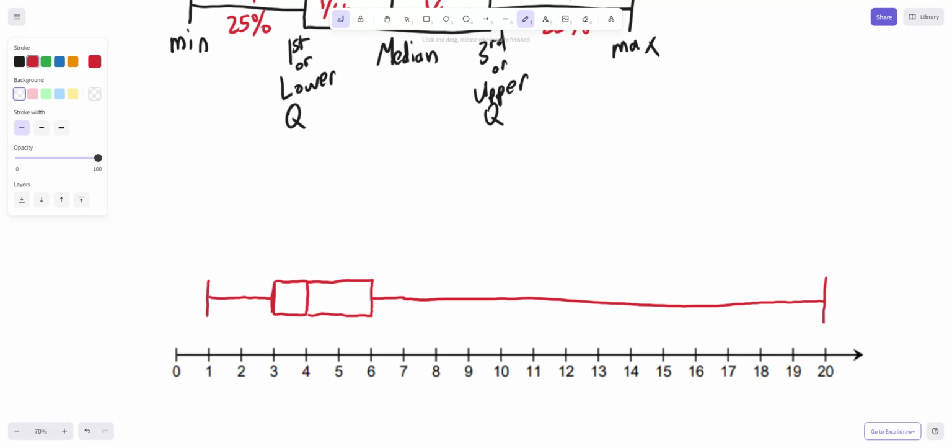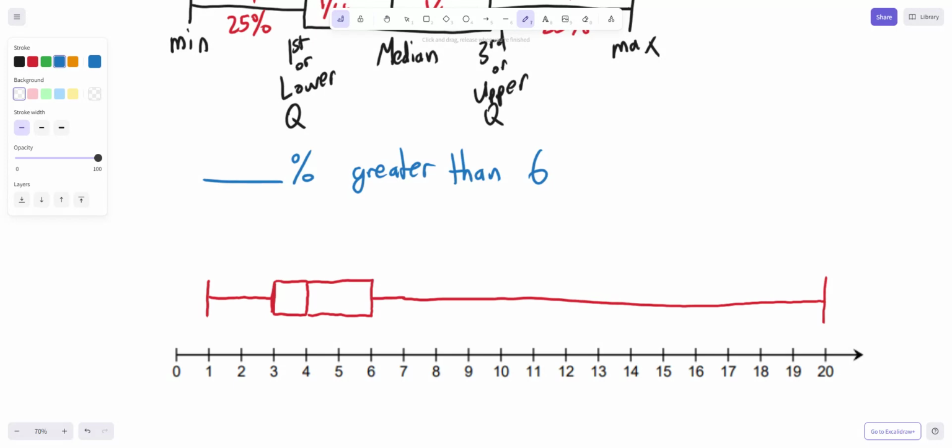Okay. So now, what percent is greater than 6? Right? So what percent of this box plot is represented by the numbers greater than 6? Maybe, I don't know, what is this? Hours, I don't know, eating, sleeping?